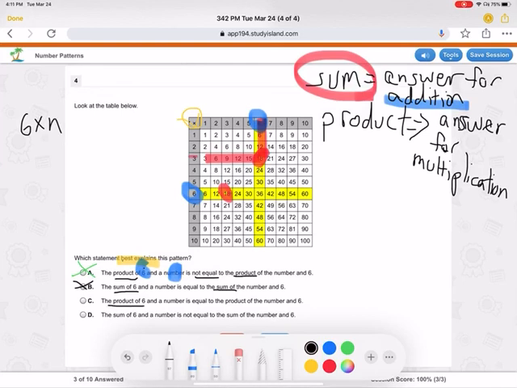Product of 6 and a number. This is equal to the product of the number and 6. So again, product, so I put number, that's N, times 6. We write the times to use the word product. There's 6.